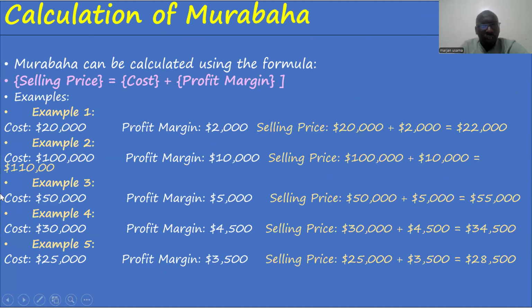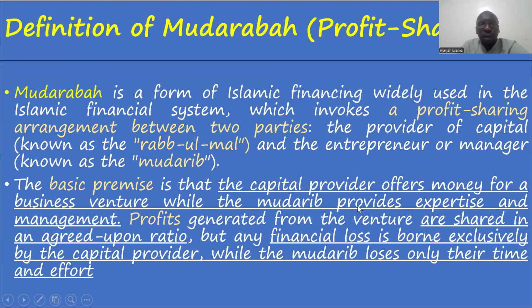This is another example: if the cost, for example, is 100, it will be 100 plus the profit margin, which is 10. So these are just basic examples of Murabaha.